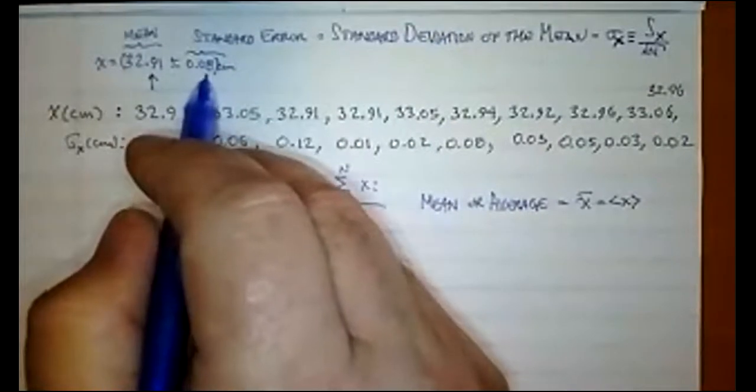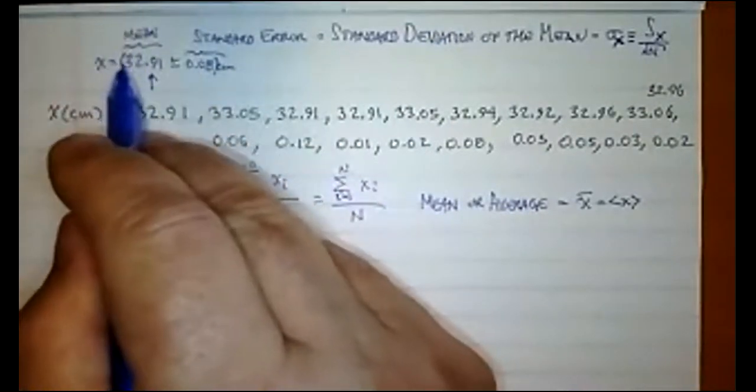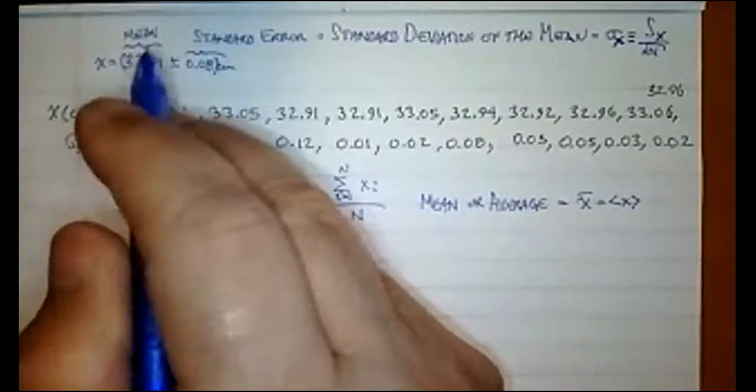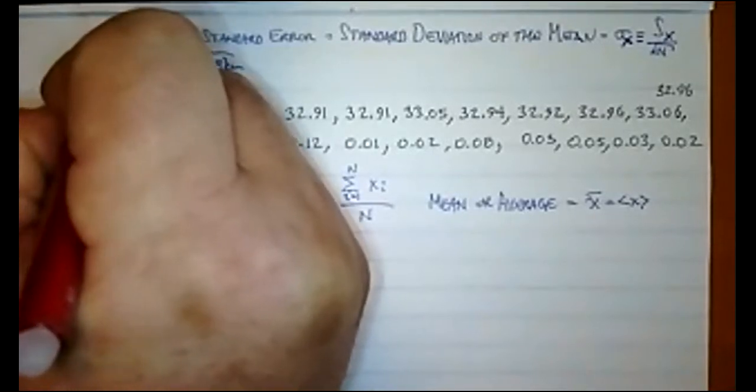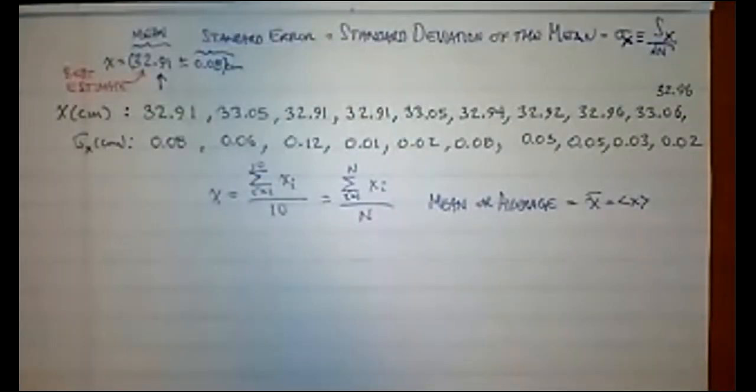That's what my lab could report to you. And that's how I would report it. You always put the most probable or best estimate as the number, and then you do plus or minus the standard error. So this would also be called the best estimate. Okay, so that's the mean or the best estimate.